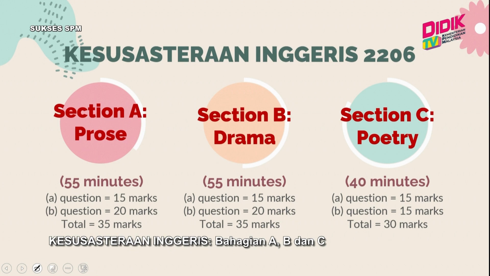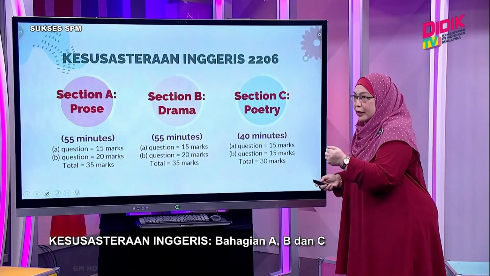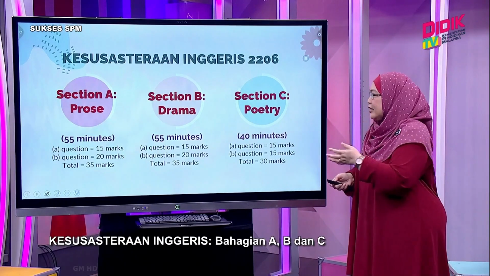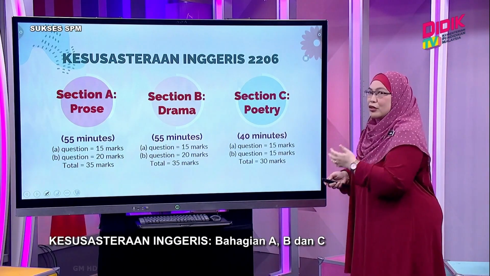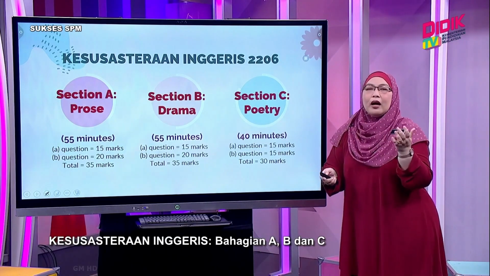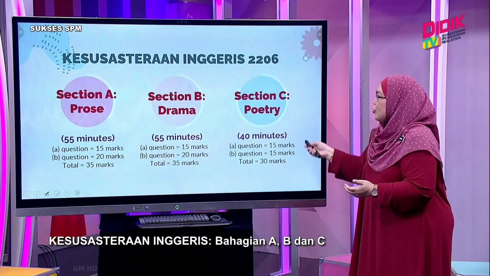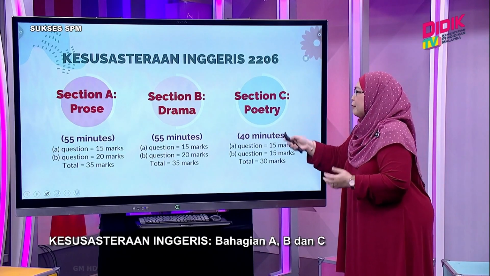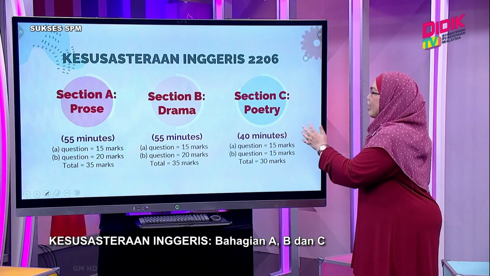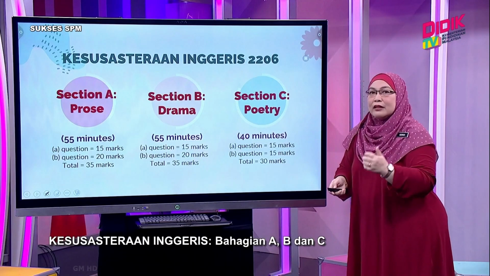Now, we're going to look at the next slide here, and this is perhaps my first takeaway for today's lesson. By all means, please remember time management. The candidates only have from 8 to 10:30, so you have less than 2 hours and 30 minutes. How much time shall we spend on each of these questions? Section A and section B, prose and drama, are both made up of 2 questions, 15 and 20.